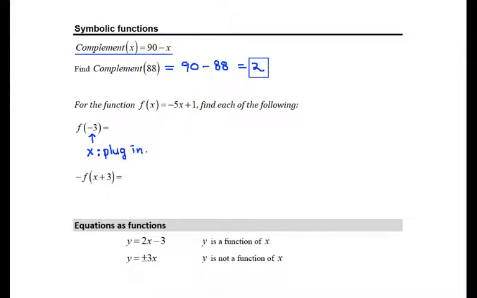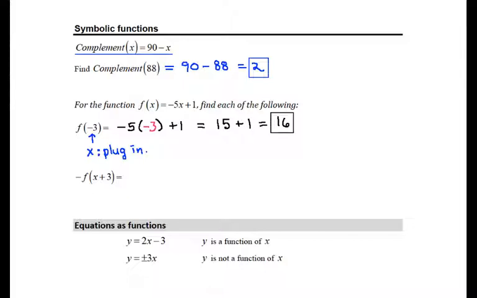So this is going to be negative 5 times my input x plus 1, and I will put that input here, negative 3, in pink. And then all I need to do is evaluate. So we get positive 15 plus 1, which becomes 16. If I have a number as an input, I will generally have a number as an output.